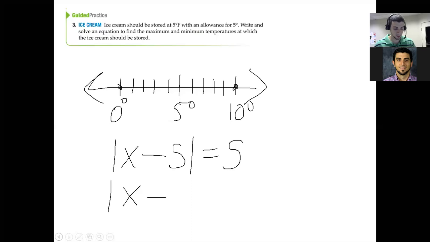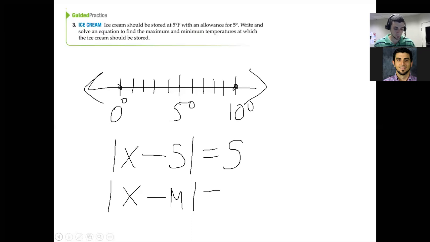Then minus the 5 is from the 5 degrees that it should be stored at. So the difference between the actual temperature and the target temperature has to have an absolute value of 5 degrees.